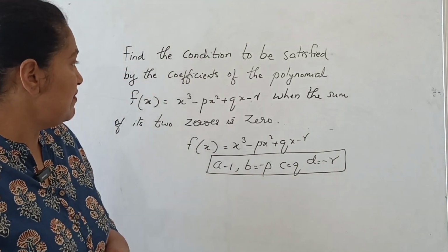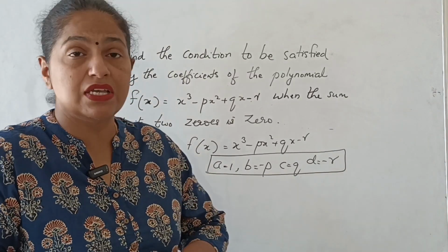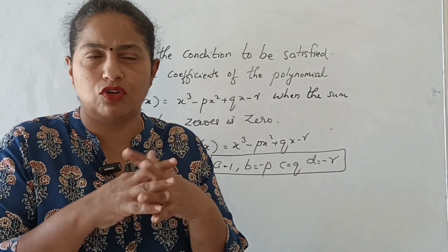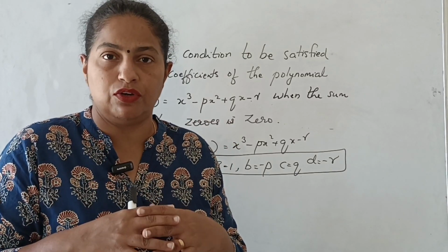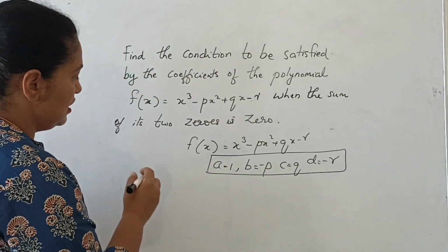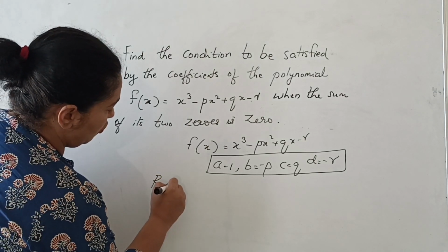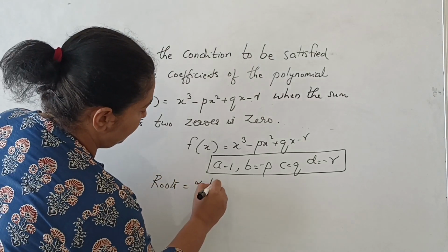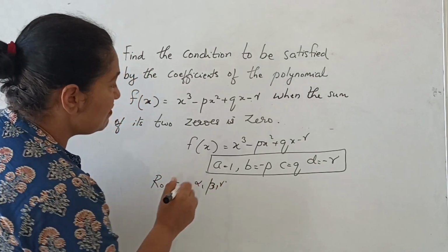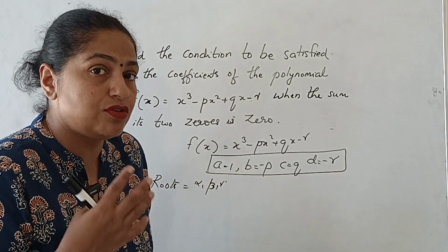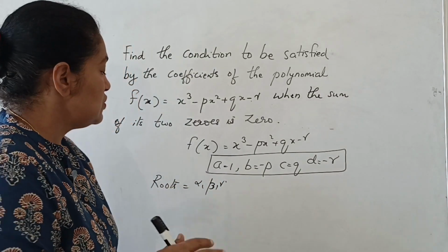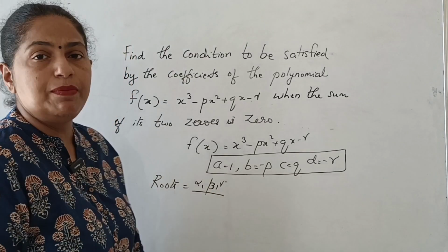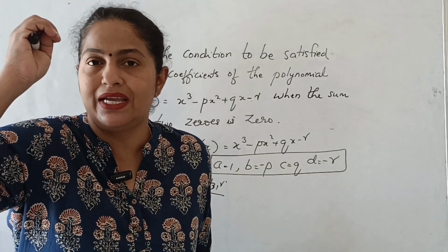Now it is given that the sum of its two zeros is 0. Normally, what do we take as the zeros of the given polynomial? It is alpha, beta and gamma. So the roots or the zeros are alpha, beta and gamma. Take your pick, any two zeros.